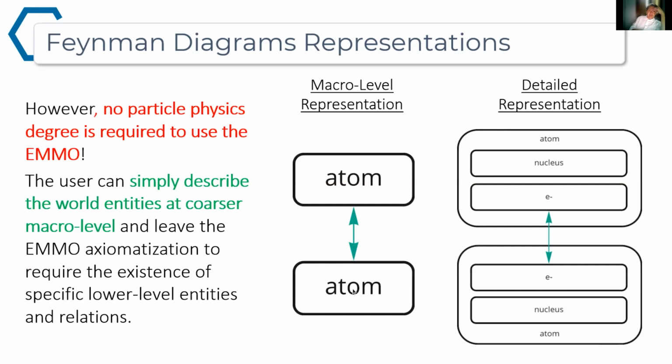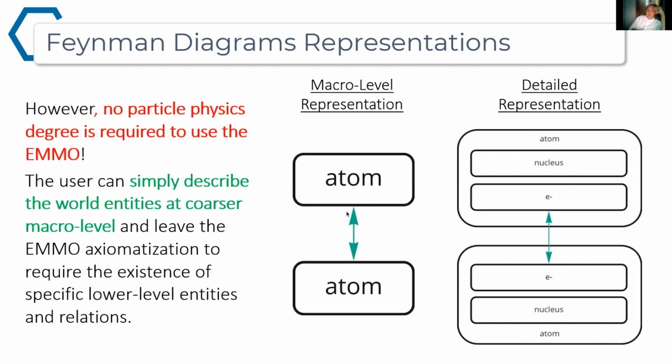But one of the important points is that you are not supposed, using the EMMO, to dig up to the quantum level, because what we did was to create a causal relation that apply to macro entities, so to entities that are the fusion of fundamental entities. Like, for example, you can work at atom level if you want, and say that two atoms are connected using electromagnetic interaction.